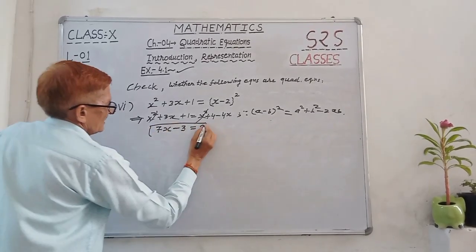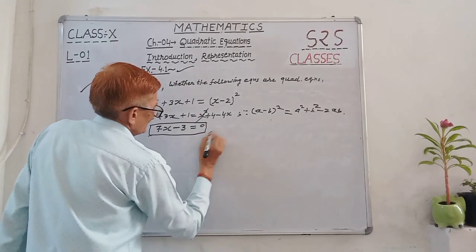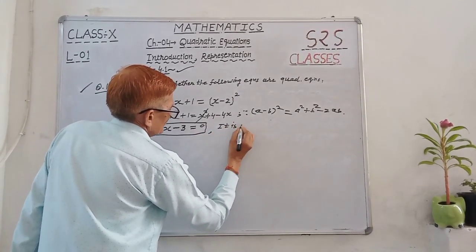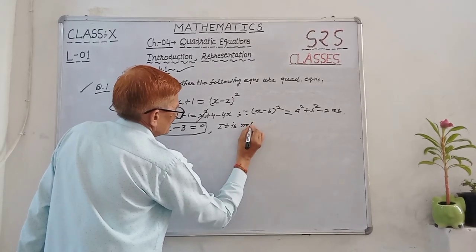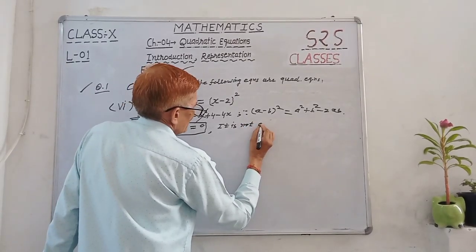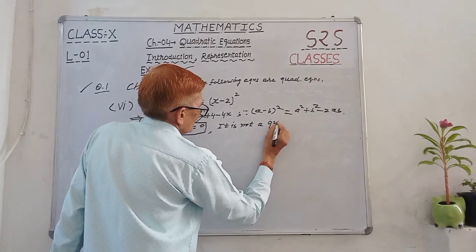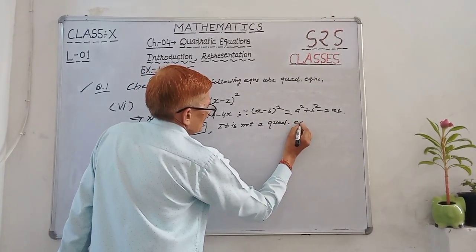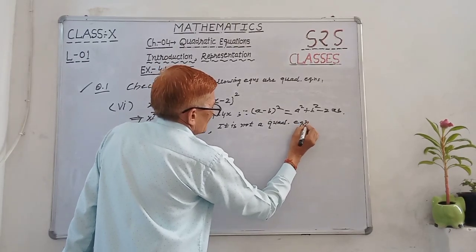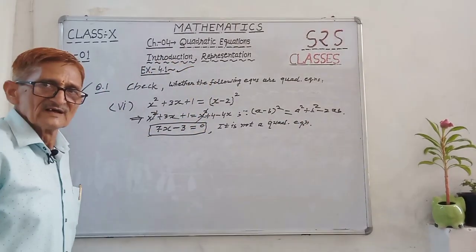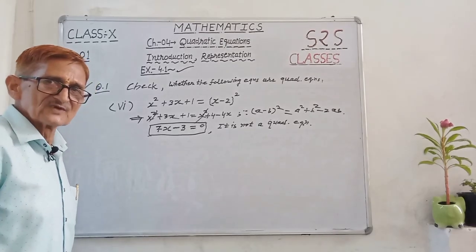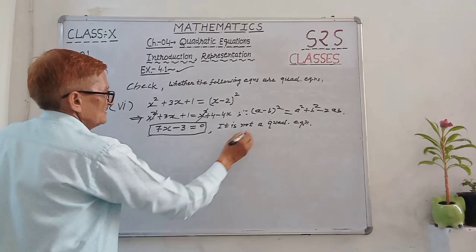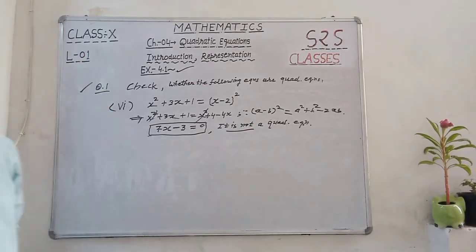So this is also not a quadratic equation. Why not? Because the highest power is not 2. ax square plus bx plus c equal to 0 must be there for quadratic. So it is not a quadratic equation.